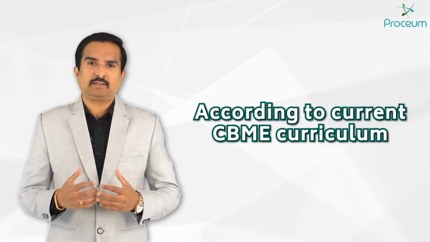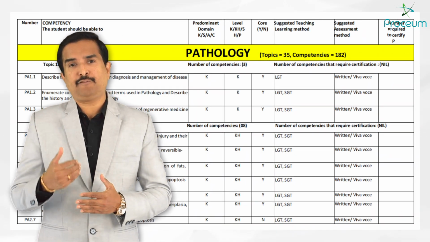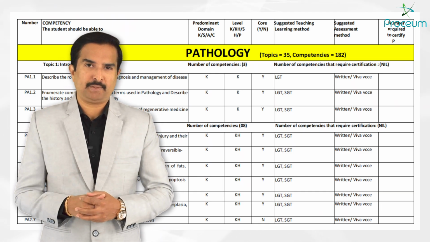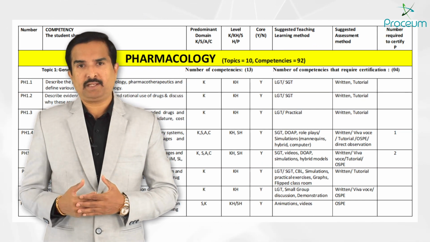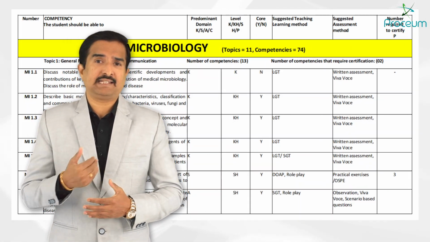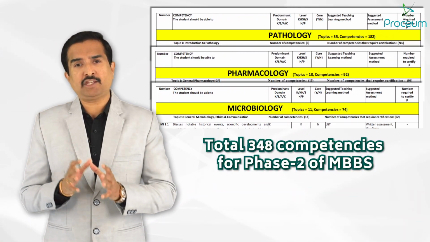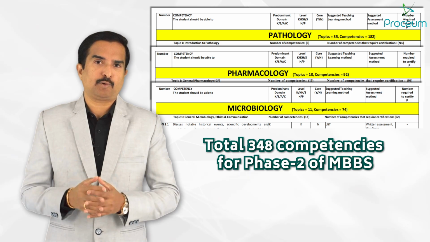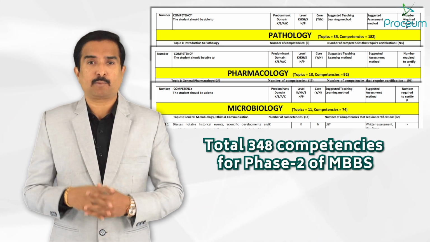So if you see the current CBME curriculum, Pathology includes 35 topics and has 182 competences, and Pharmacology consists of 10 topics with 92 competences, and Microbiology covers 11 topics with 74 competences. So in total, phase 2 comprises 348 competences designed to provide students with an integrated understanding of disease process, pharmacological interventions and microbial factors.